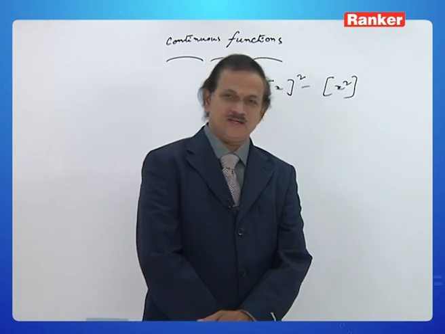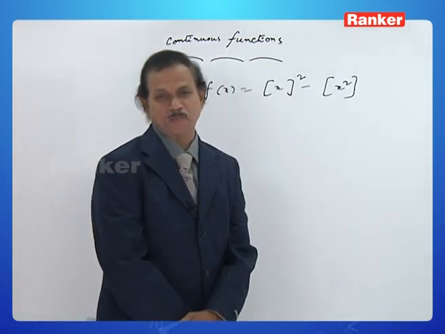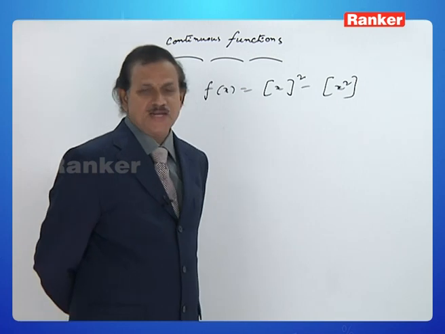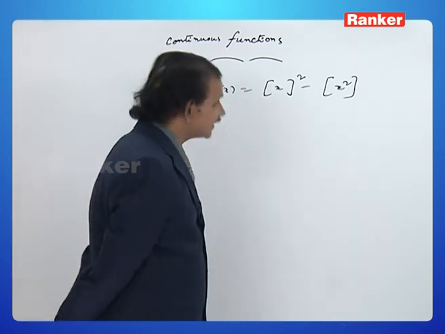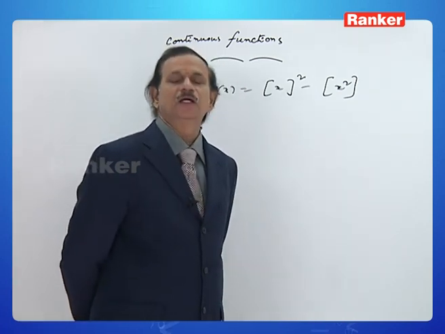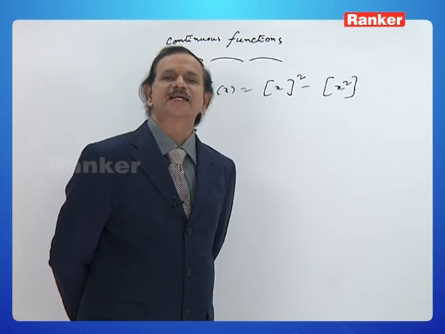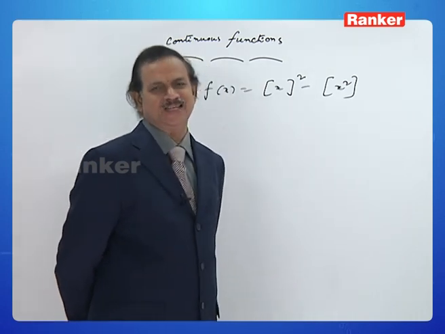As we could explain in the beginning itself, this is a peculiar problem. Even though 1 is an integer, f is continuous at x equal to 1 and it is discontinuous at every other integer.